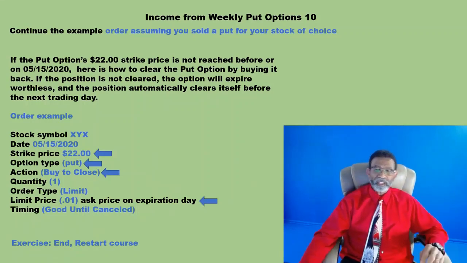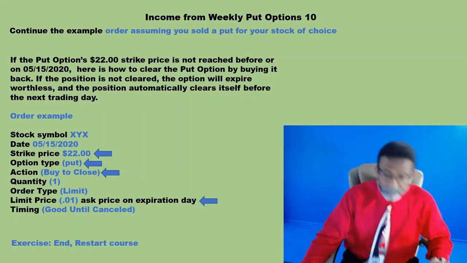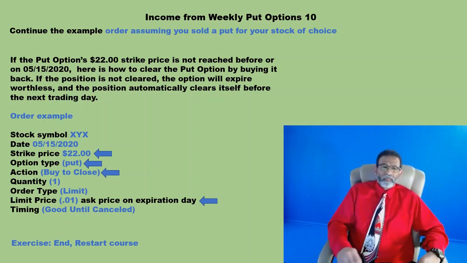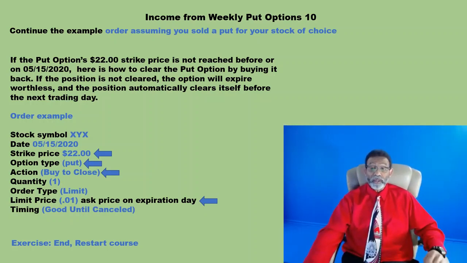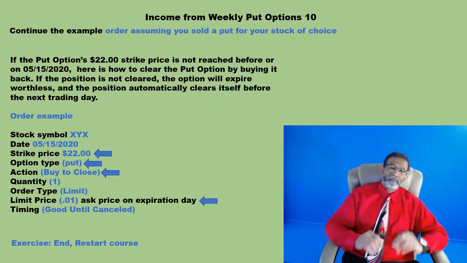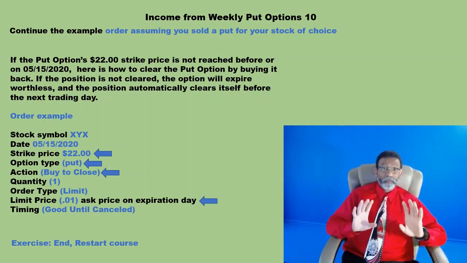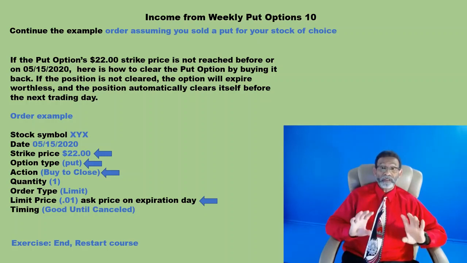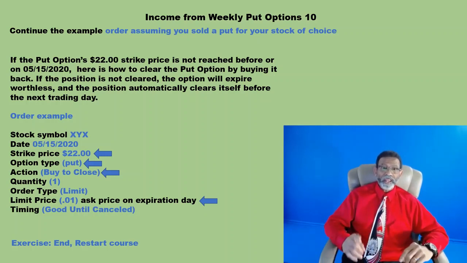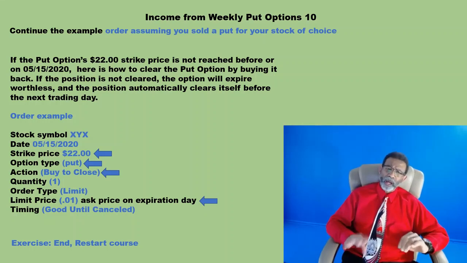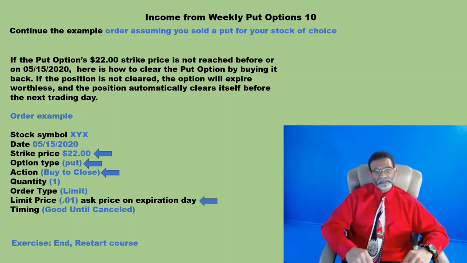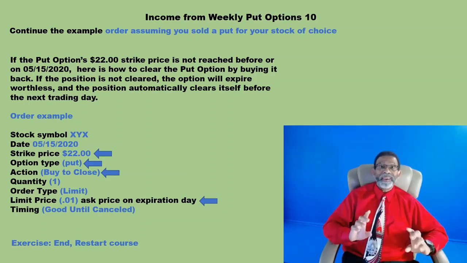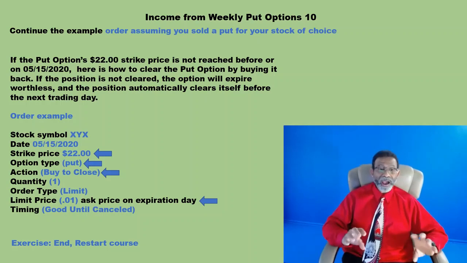Okay, as the example continues. Now, assuming that you sold the put option for your stock of choice. Now, if the strike price of that put option is not reached, in this case, May the 15th, 2020, before or on May 15th, here's an example of how you buy the option back.